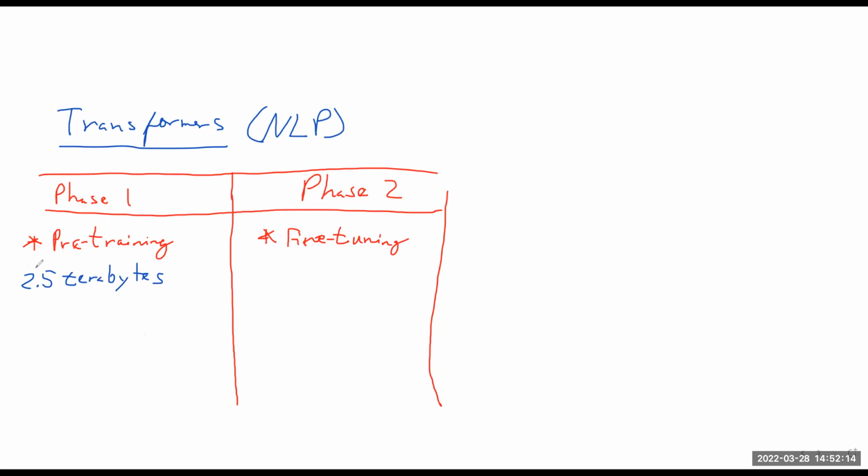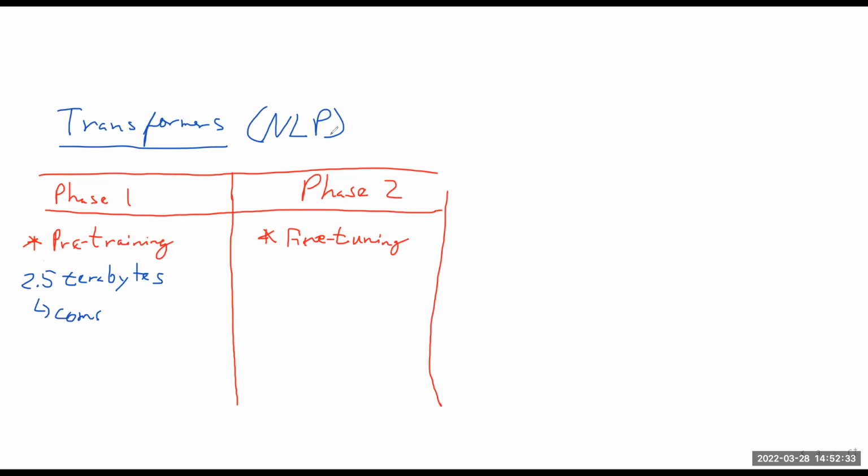So much, right? A common crawl. How many terabytes do your GPU boxes have? I think mine has 2 terabytes and this is 2.5, so it doesn't even fit on my hard drive. Think about it, 2.5 terabytes of a common crawl.